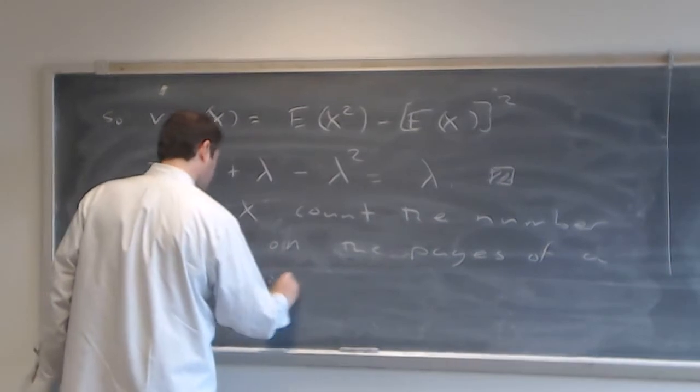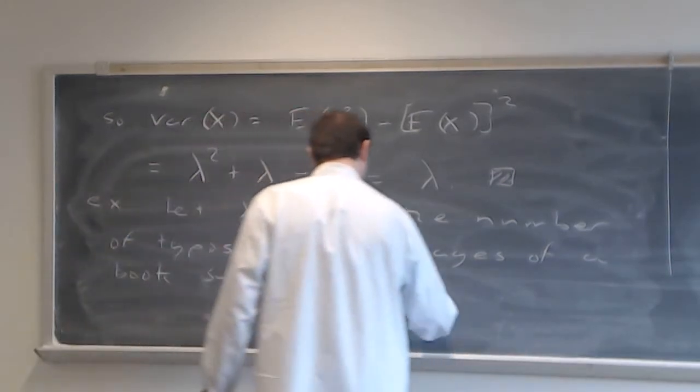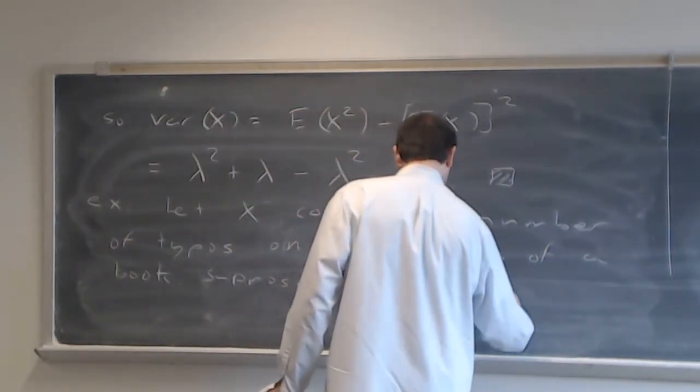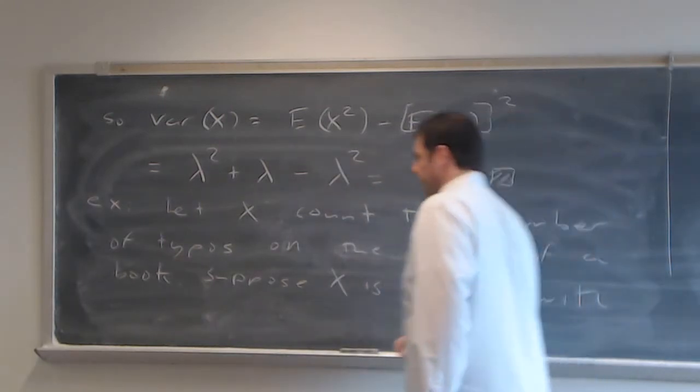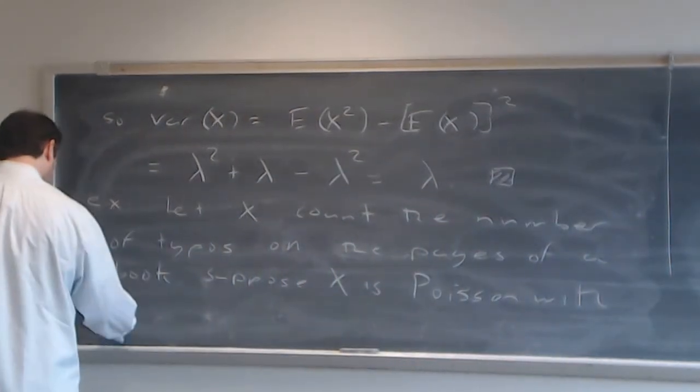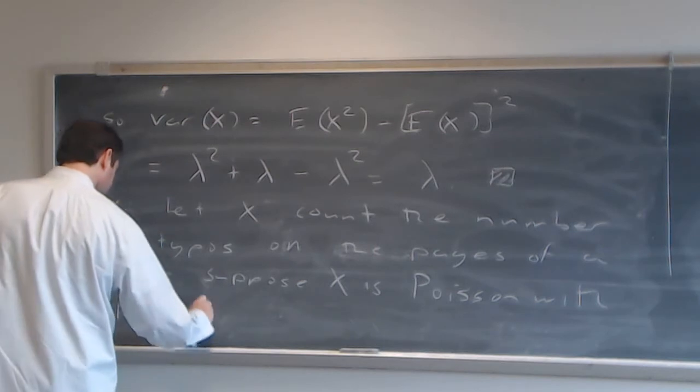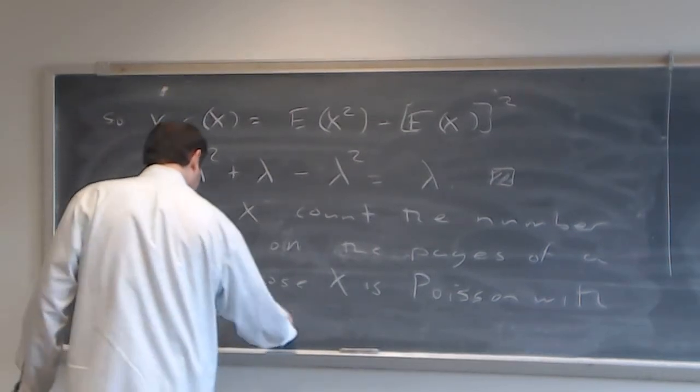Suppose x is Poisson with parameter lambda equal to 1.